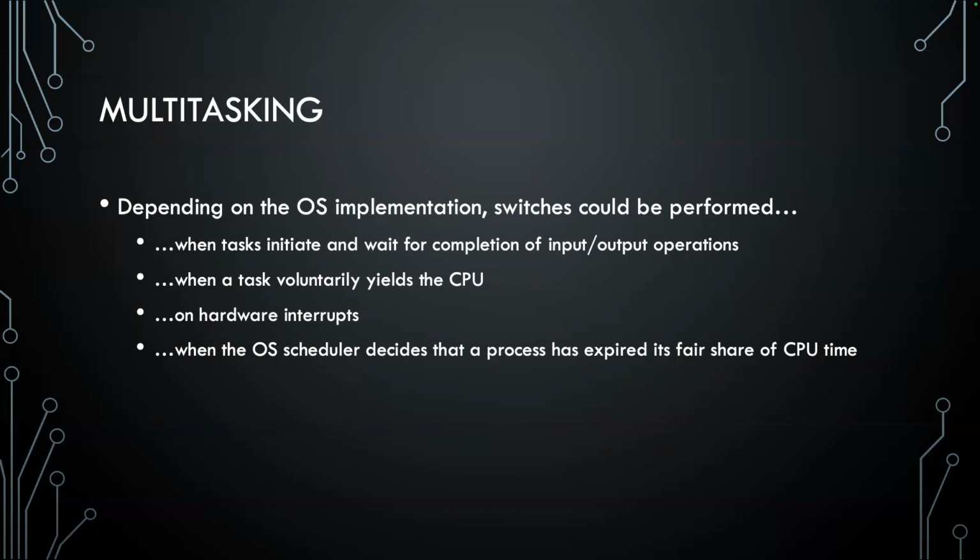It can say, okay, I don't need this for now, come back to me though. It can happen on hardware interrupts, which is also how you interact with your OS, like if you've ever done Control-C to kill a running program. Or the switch can happen when the OS scheduler decides that a process has expired its fair share of CPU time.